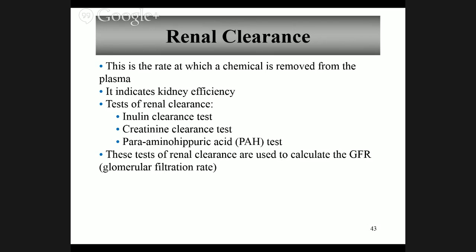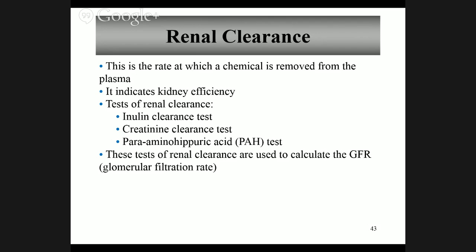A known amount of inulin is infused into the blood at a constant rate. The inulin passes freely through the glomerular membrane, so its concentration in the filtrate equals that in the plasma. In the renal tubule, it's not reabsorbed to any degree, nor is it secreted. So consequently, the rate at which inulin appears in the urine can be used to calculate the rate of glomerular filtration.